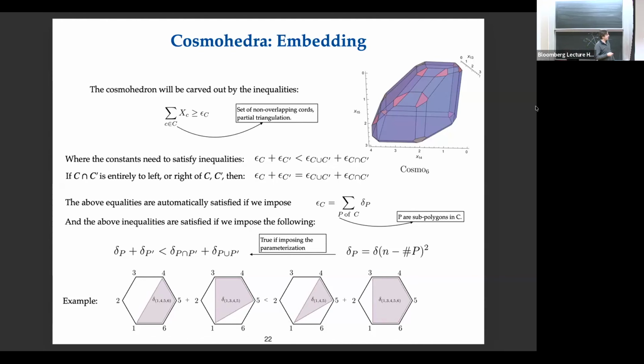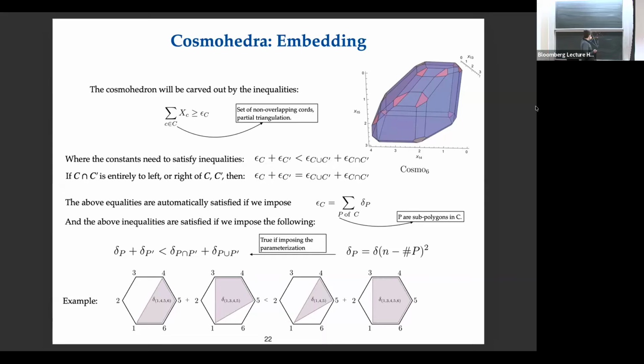So we will have the normal facets of the associahedron, which are just a single chord bigger or smaller than epsilon. Or we have new facets, which are just linear combinations of the compatible facets, one side and the other, so it will just be a sum.